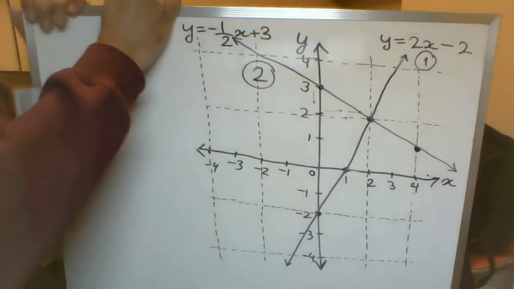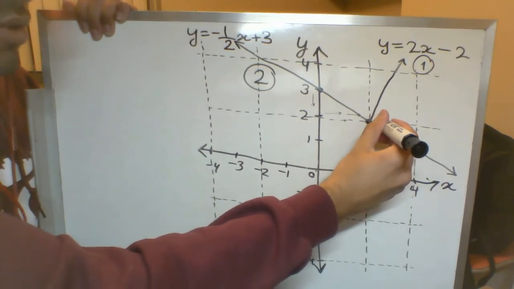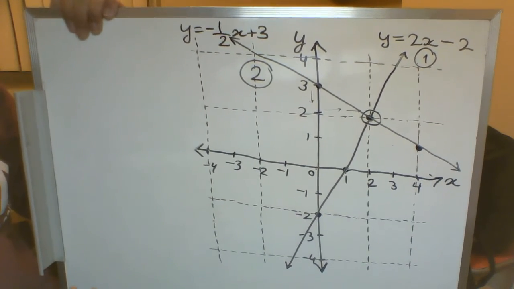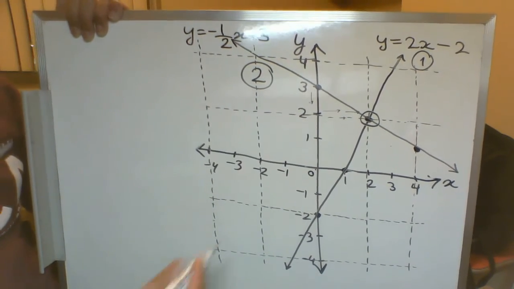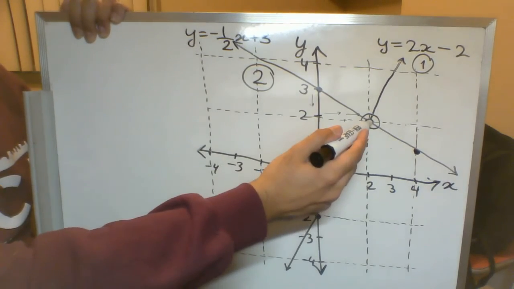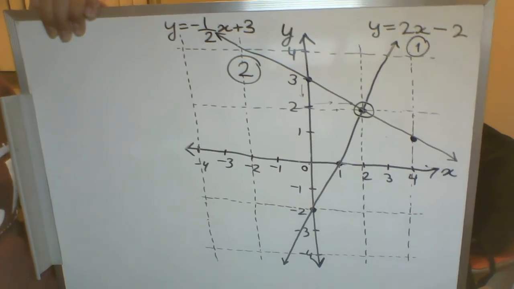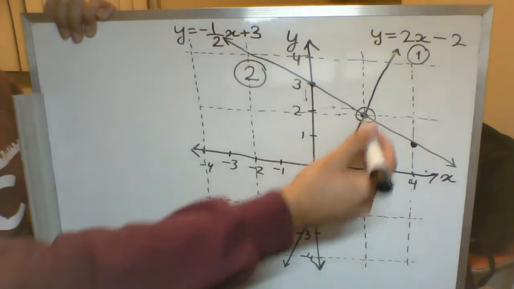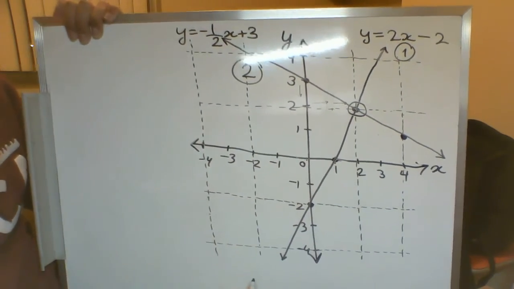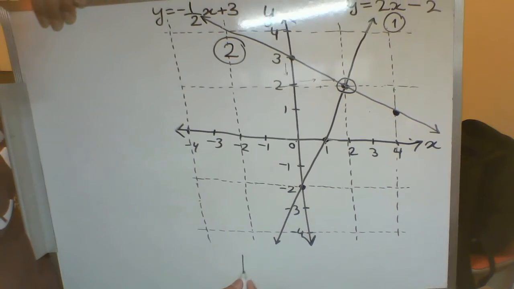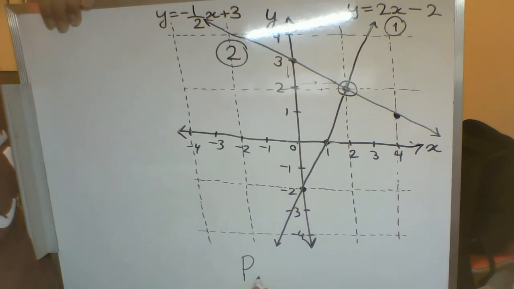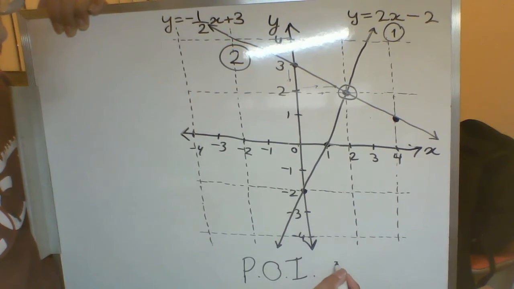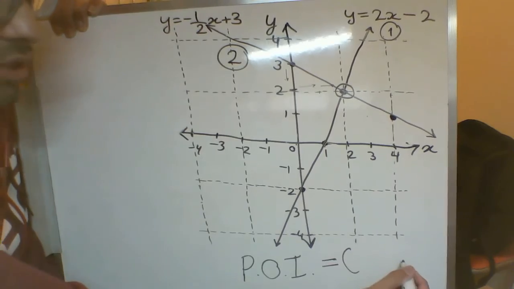Now we can see that the point of intersection is just where the 2 lines cross. So I'm going to put a little circle around that so that we can see that that's the point we're interested in. Now if we confirm from the graph, we know that we plotted that exact point in both functions. So we know that it's exactly where we think it is. And so we could just read it off the graph and get that our point of intersection, or POI, point of intersection, is equal to whatever our x and y coordinates are.